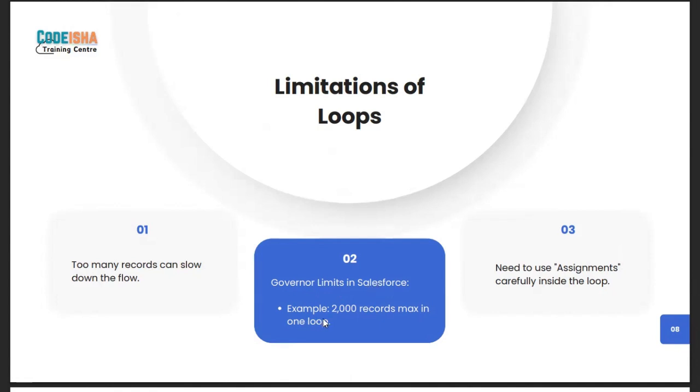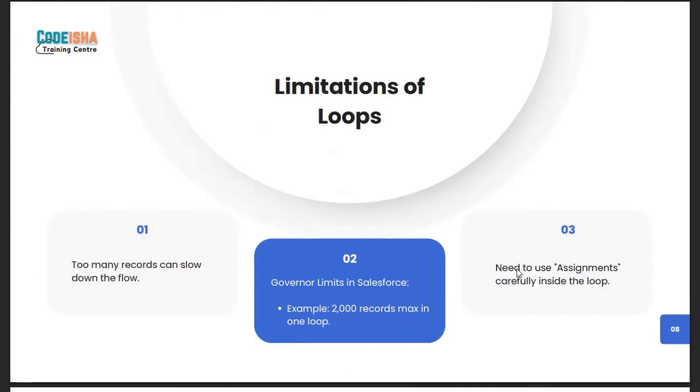For example, 2000 records is the maximum in one loop. So whenever we are working with a loop, we only use below 2000 records. When we use more than 2500 or 3000 records, the flow will be slow, or you will get errors in that flow.